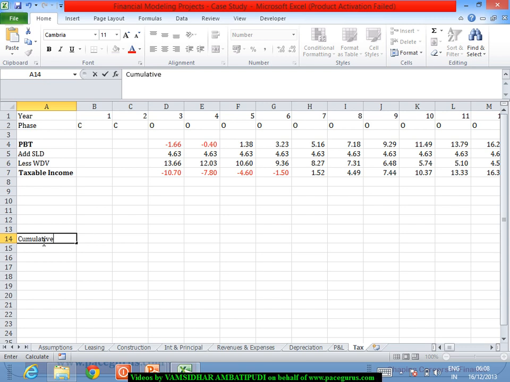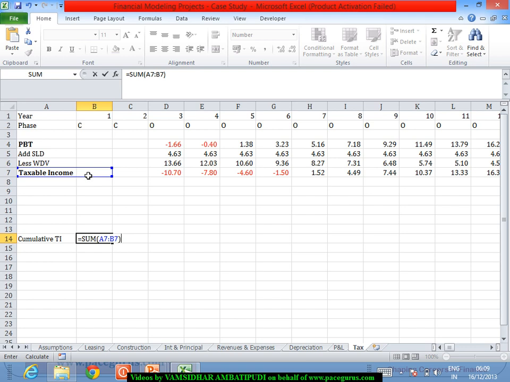I'll create one scenario called cumulative taxable income just as an appendix, wherein I will talk about the summation of the taxable income from here till here. I'll do the summation of the taxable income up to this particular period.